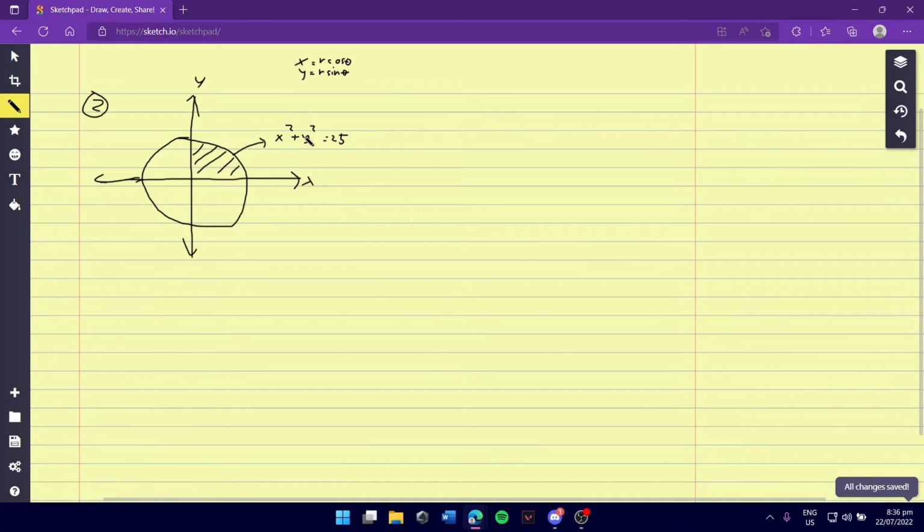Right? So here we can substitute r sine theta and r cosine theta. So x will be r cosine theta. Since this is squared, square this, and then add it to your r sine theta, and then squared. Then equals to 25. So here, if we distribute the exponent, it will become r squared cosine squared theta plus r squared sine squared theta.